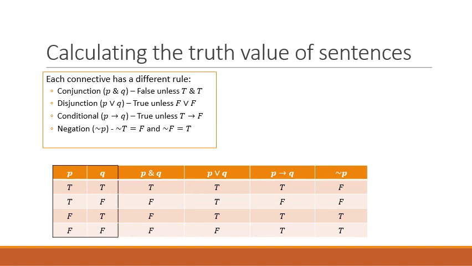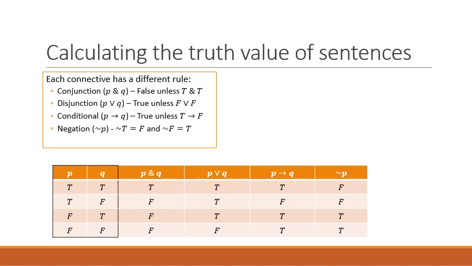So when you have two sentence letters, and that's what we're dealing with here with P's and Q's, there are actually only four possible combinations of true and false. So on the left in this table, in the little black box, you see those are just all the possible combinations. So in the first row, they're both true.